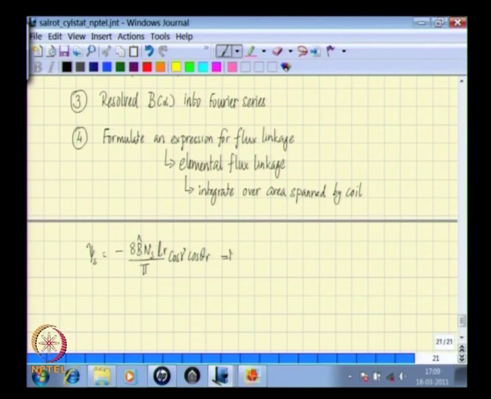Which finally leads to this value of mutual inductance equals MSR hat, maybe a minus sign, and then cos of theta r. So, we have derived then an expression for the variation of mutual inductance as the rotor changes its angle.